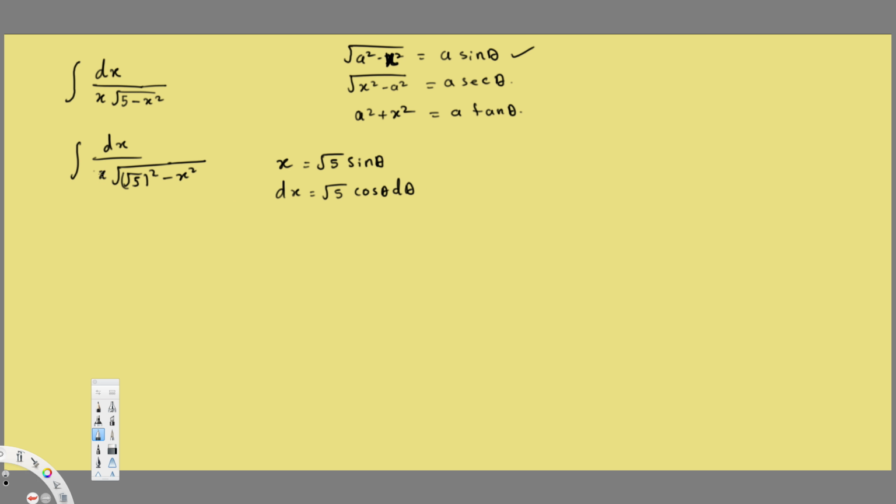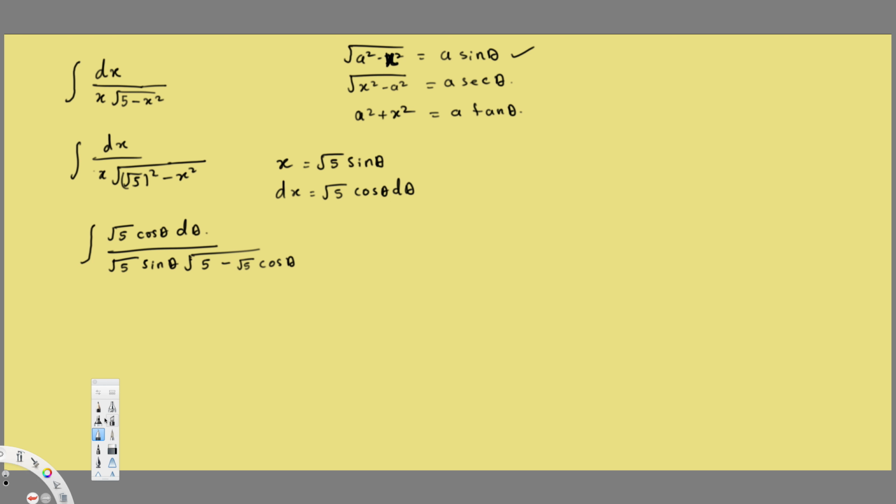So let's write everything in terms of theta. dx is square root of 5 cos theta d theta, and in the bottom we are going to have x, that is root 5 sine theta.